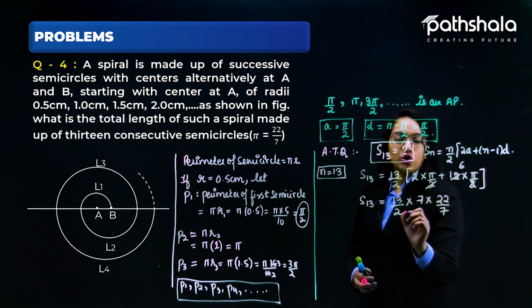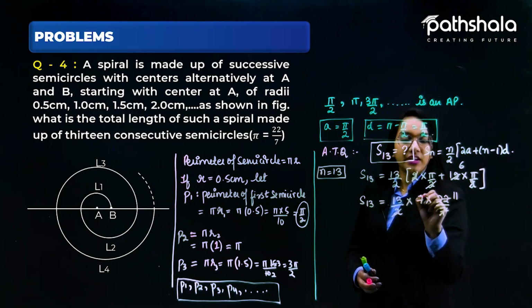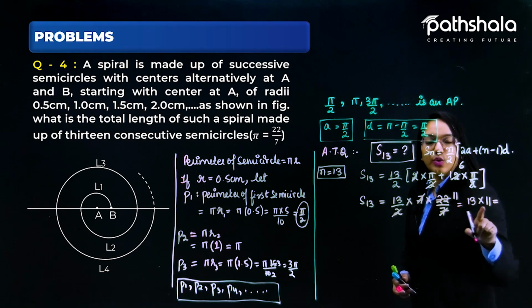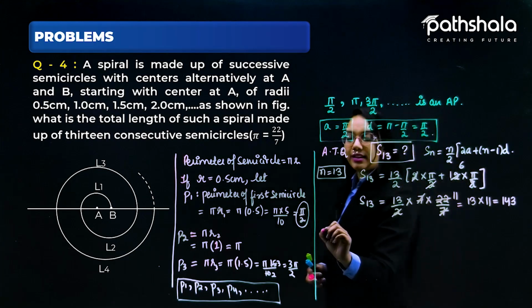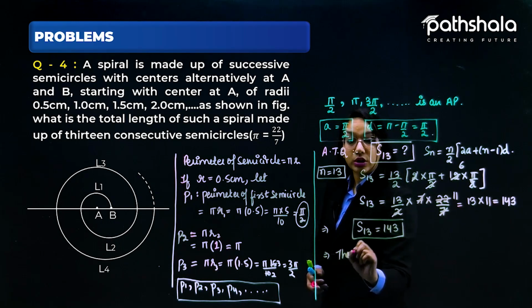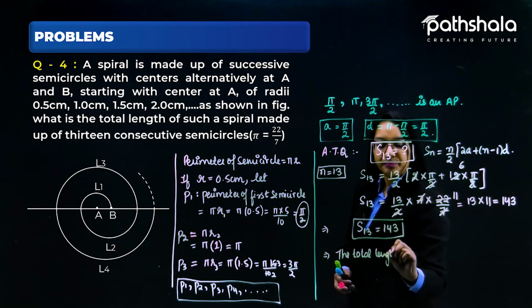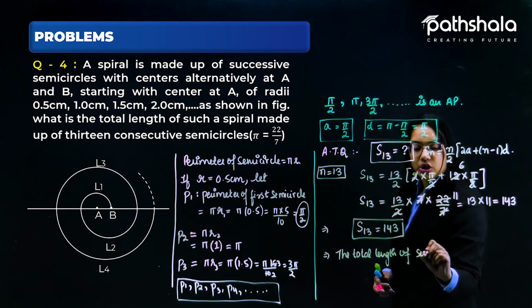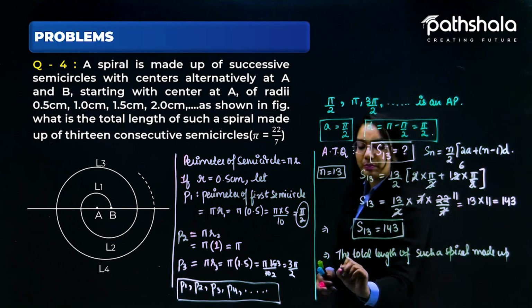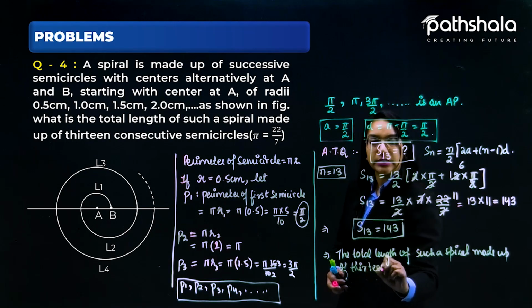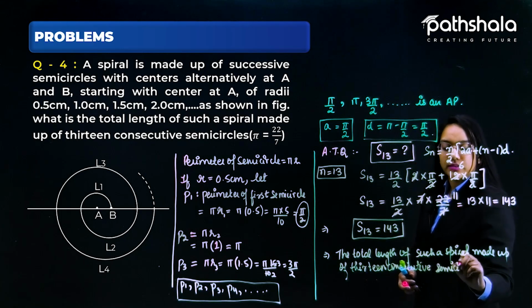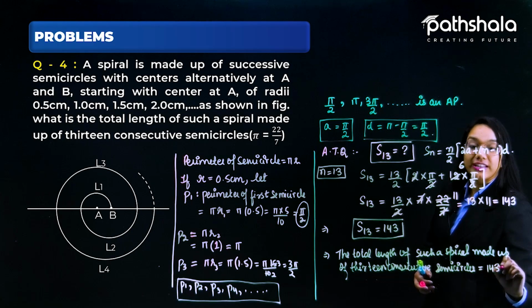So with 22 by 7, 2 and 22 get cancelled, and 7 and 7 get cancelled with each other, so we get 13 into 11, which is 143. Hence S13 is 143, which means the total length of such a spiral, which is made up of 13 consecutive semicircles, is equal to 143 centimeters.